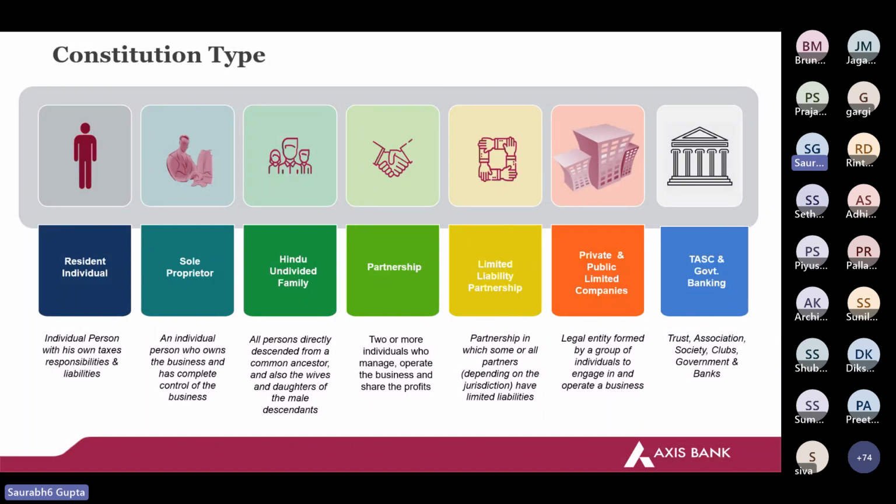Then there are higher constitutions like private limited and public limited, where a legal entity is formed by a group of individuals. Then we are offering current accounts for some complex segments also, like trust, association, society and clubs. Other than this, we are also offering current accounts for government entities, banking entities, and foreign entities, etc.